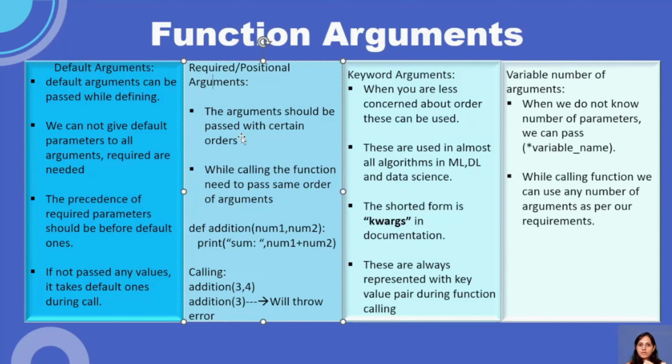When you call the function, if you pass the roll number value first and then the name, it is going to throw an error, saying you should follow the positional argument order. So they are ordered arguments, guys.